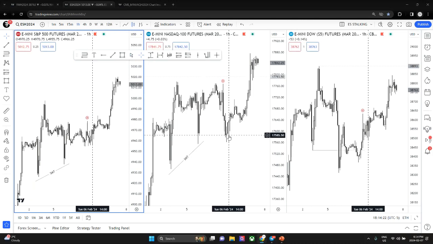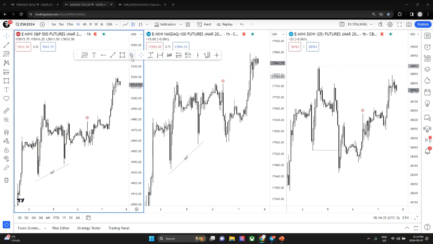So before we go to the next chart, which is something you've never seen before, you must understand that SMT is needed for the market to turn around in your favor, right? You need to have SMT.